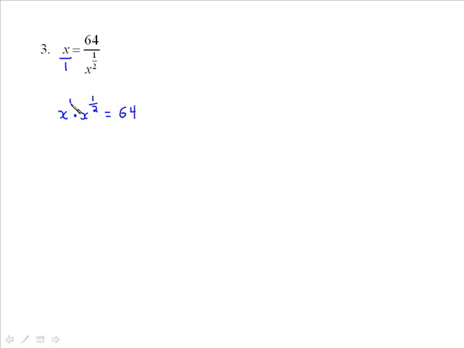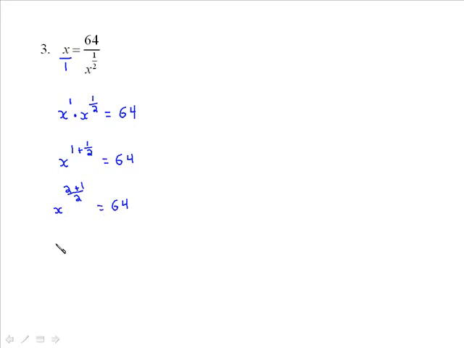Now that may not look much better, but in fact it is, because if you consider that this x is really just x to the 1, to simplify the left side of the expression, we add exponents. 1 plus 1/2 equal to 64. Get a common denominator between the two, so that would be 2. So 2 over 2 plus 1 over 2 is equal to 64.